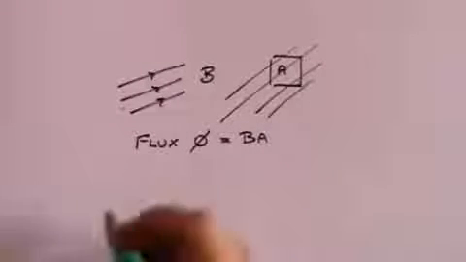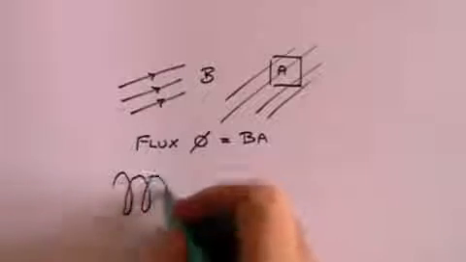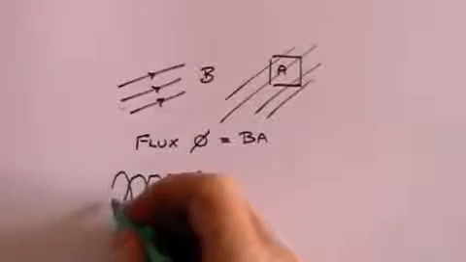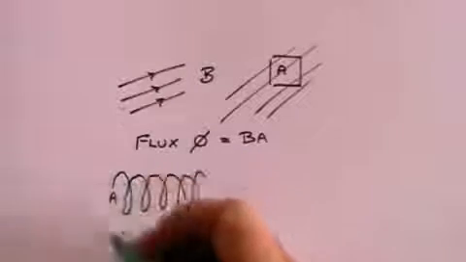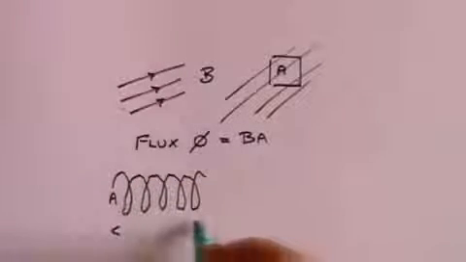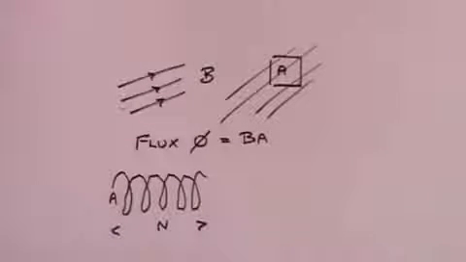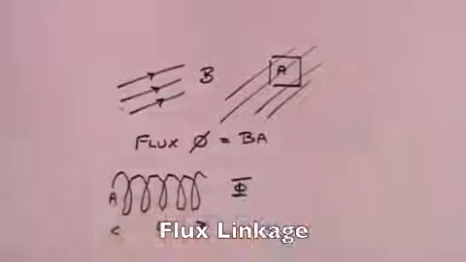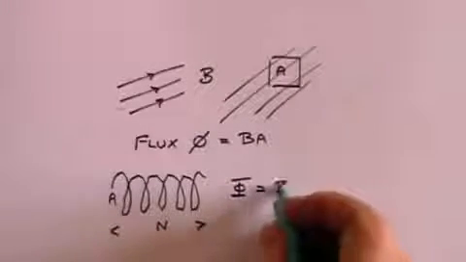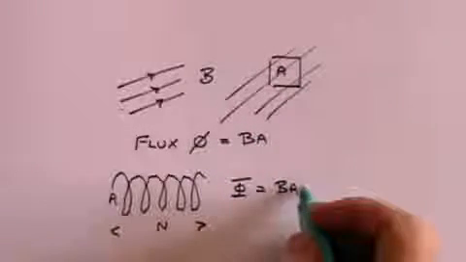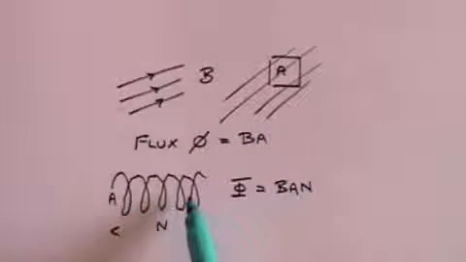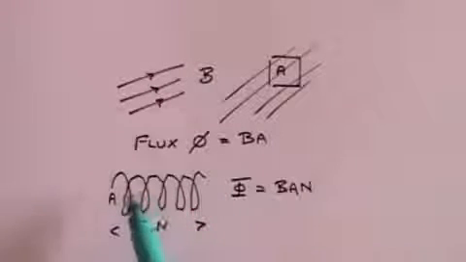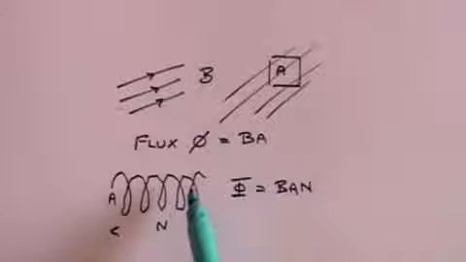In the case of a solenoid, which is several coils of wire, and let's say that the cross-sectional area of that coil is A, and that there are N turns in the wire, then the flux, or what we call flux linkage, which is given by capital Phi, is equal to BA, as before, multiplied by N, the number of turns, because essentially the magnetic field is going through the area not just once, but every time it comes to another coil it's going through that area again.